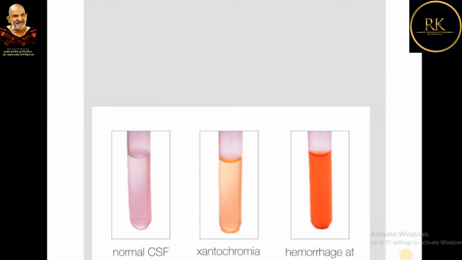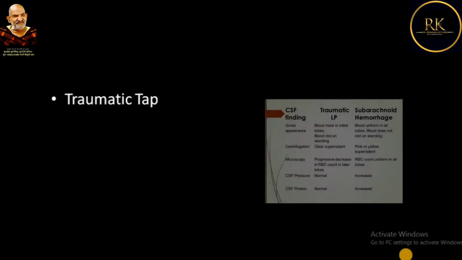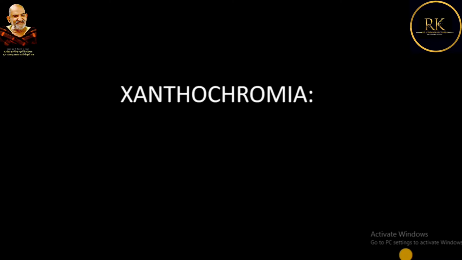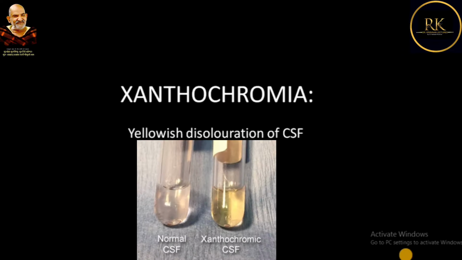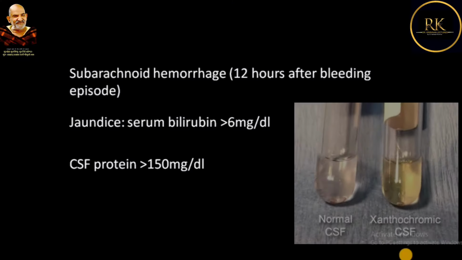Then blood mixed CSF. It is seen with traumatic tap and subarachnoid hemorrhage. Then xanthochromia. It is yellowish discoloration of CSF, and it is seen in subarachnoid hemorrhage, 12 hours after bleeding episodes.